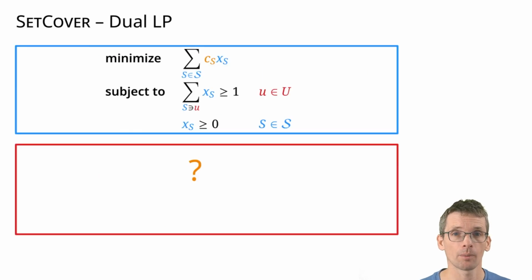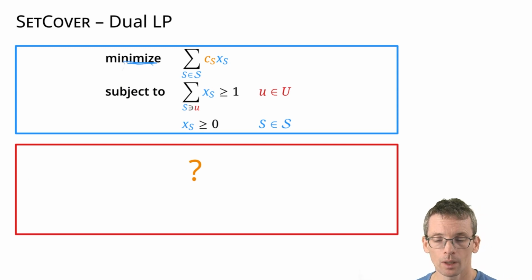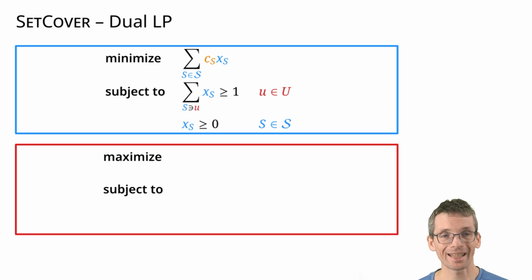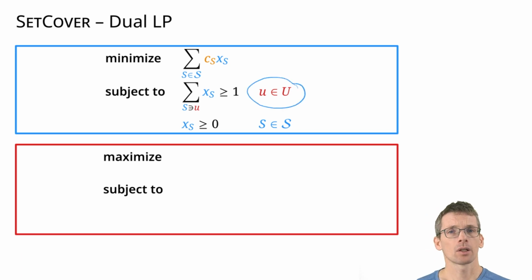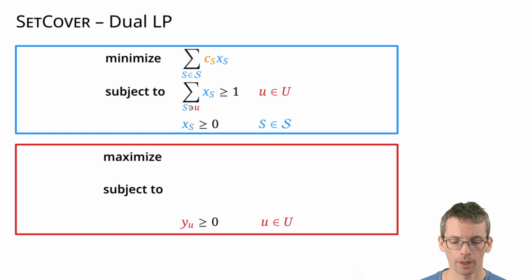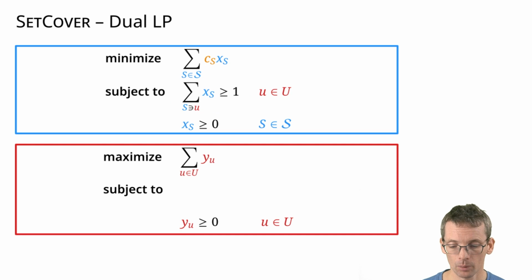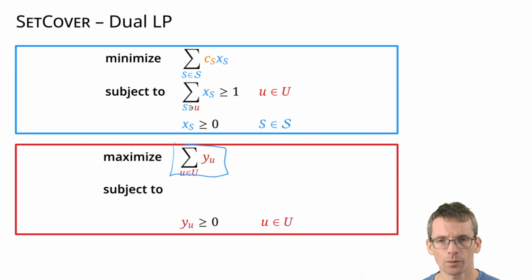Since this is based on the dual, if we want to again consider the set cover problem, we first need to take a look at how the dual problem looks. We have a minimization problem, so we're going to get a maximization problem in the dual. The constraints in the primal correspond to the elements, so in the dual, we will have variables corresponding to the elements. The b that we have is a vector with all ones, meaning that in the objective function in the dual, we will always have a factor of 1, so we simply get the sum of the yu.